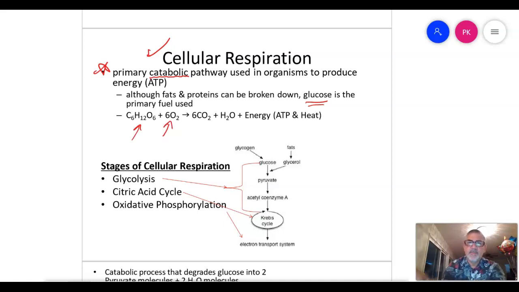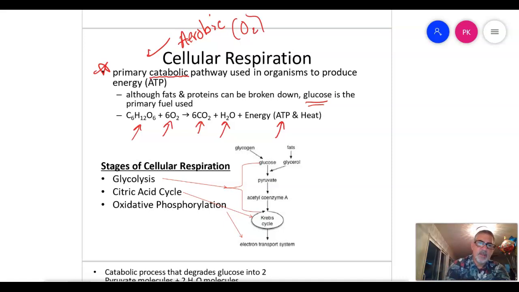This cellular respiration is called aerobic respiration because it requires O2. So to make the most ATP, I have to have plenty of oxygen. And I produce CO2, water, and energy. So that's what I'm going to produce from it.